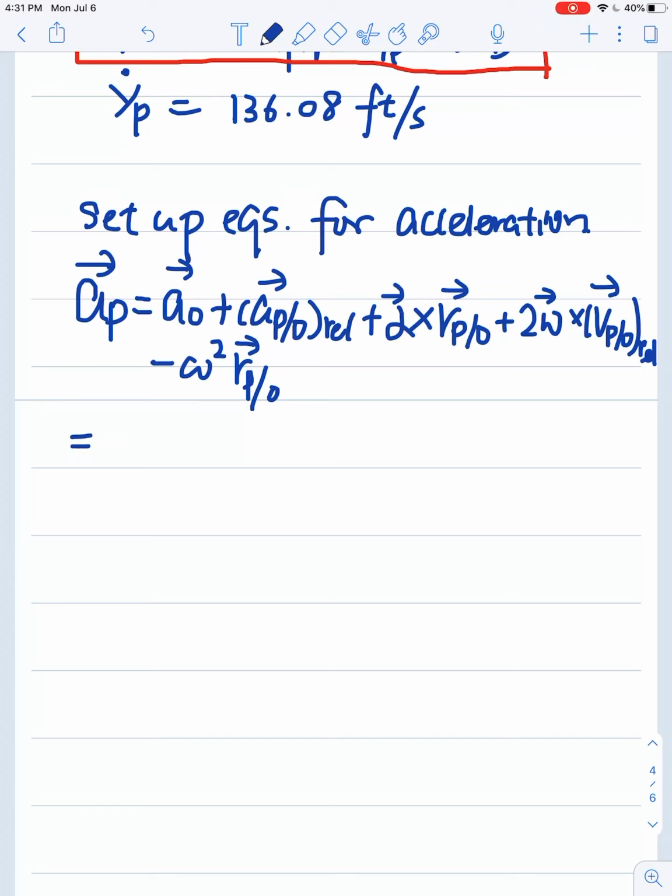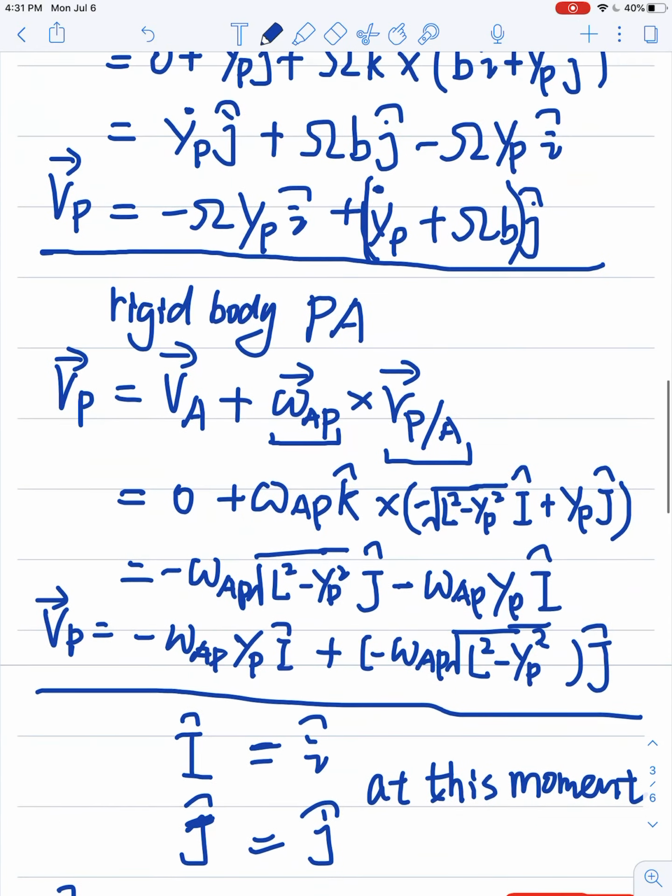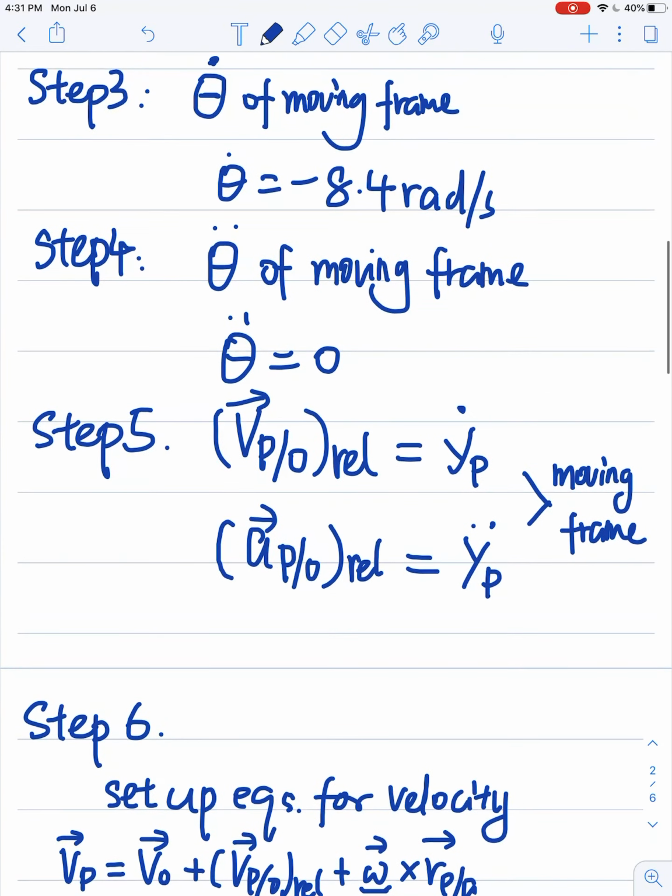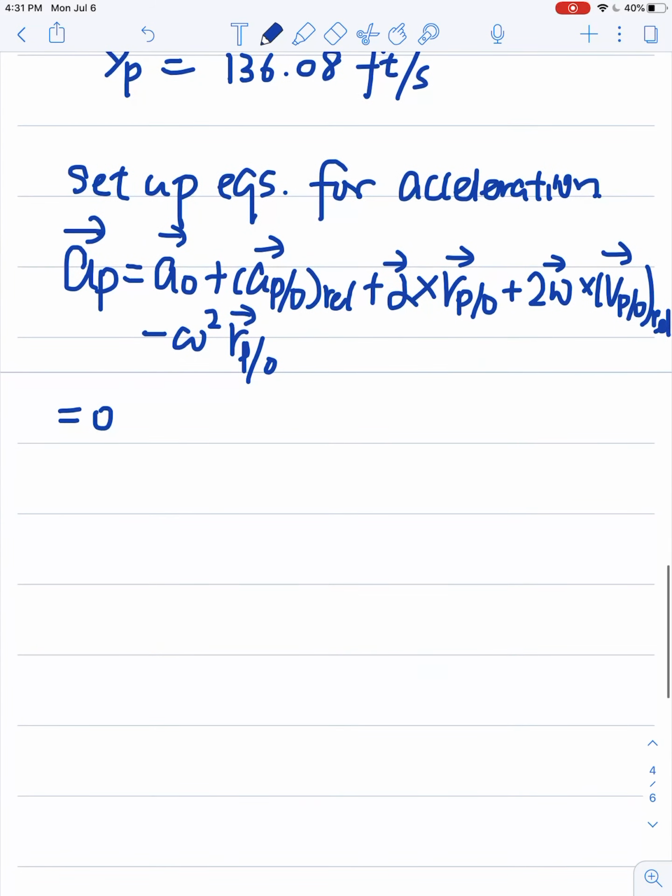Let's work on this expression. So AP equals 0. A is a fixed point, so it has 0 acceleration. 0 plus the AP slash O relative. We did that as step 5. So AP slash O relative is YP double dot.